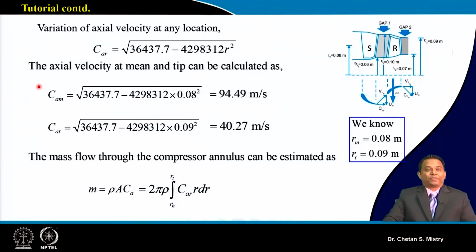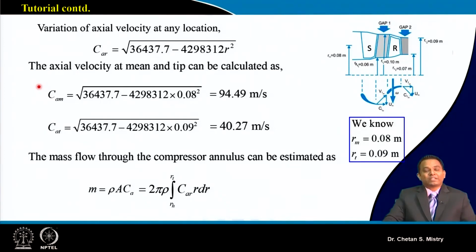Okay. Now as we have discussed, we are looking for the mass flow rate to be calculated. Mass flow rate we can calculate by using our continuity equation. And as we have discussed, we can write that as equal to density into area into axial velocity.